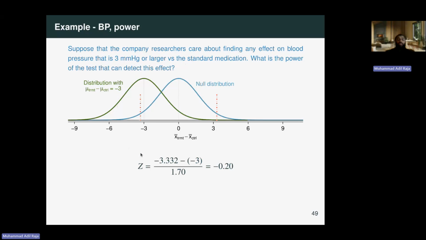The z-score is, for instance, -3.332 minus -3, where -3 is the effect size. We are computing it for this, and -3.332 is the lower value of the confidence interval for the null distribution. We computed it over here.